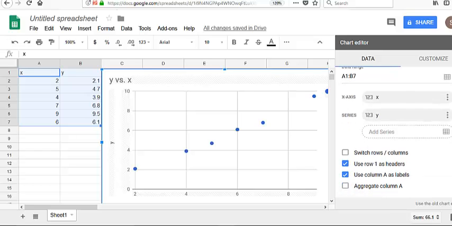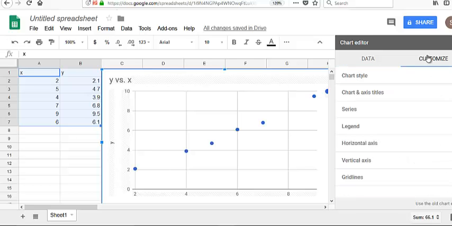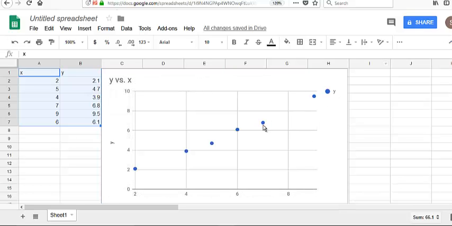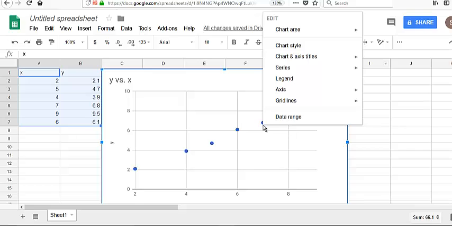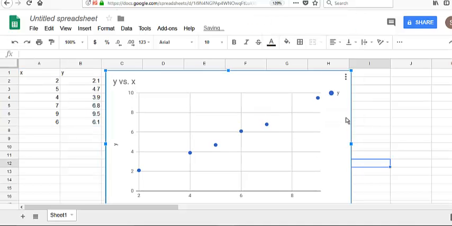I also did this just before class too, and it gave me a choice to put a trend line on there, but let me just see what I got here. Let's click there. Okay, let me just delete that. Let me try it again.